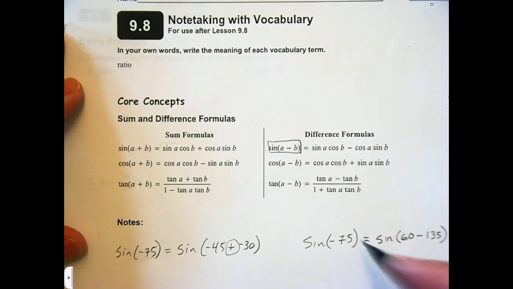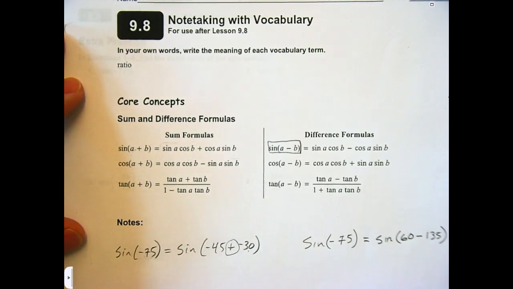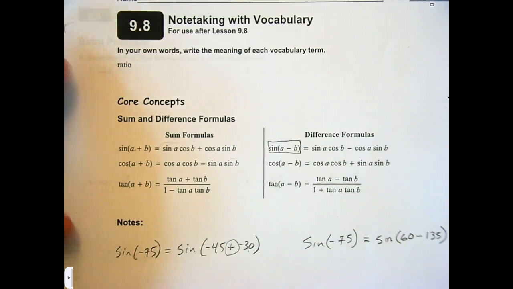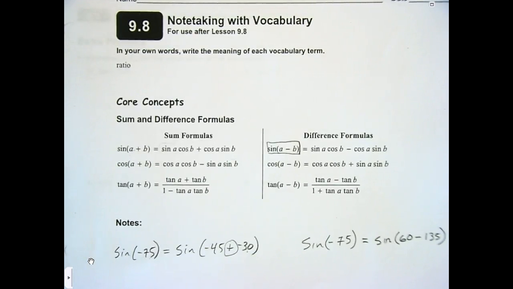Those both subtract to make negative 75. Now I personally like to use positive angles if I can, rather than having to go negative, negative, so I would probably use the difference formula on this versus the sum formula. I want you to look through those and look at any patterns that you might see or any easy ways to memorize them.